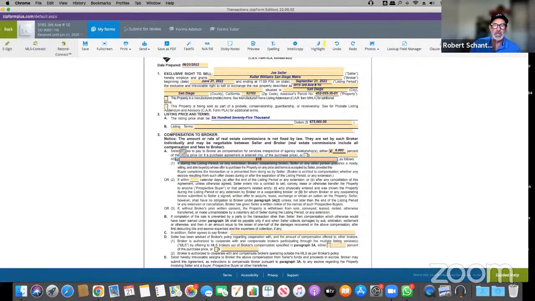So you would put $10,000 right here, because that's what the seller is willing to pay, the additional $10,000 as a bonus if an agent brings a buyer within the first, let's say, 14 days, or a certain price level is achieved, okay?